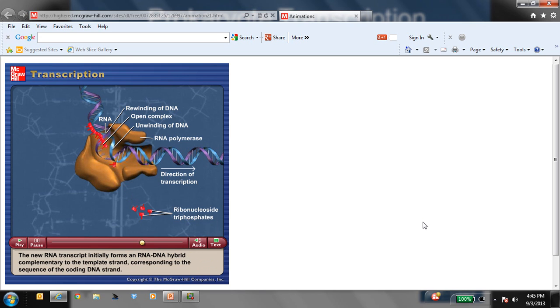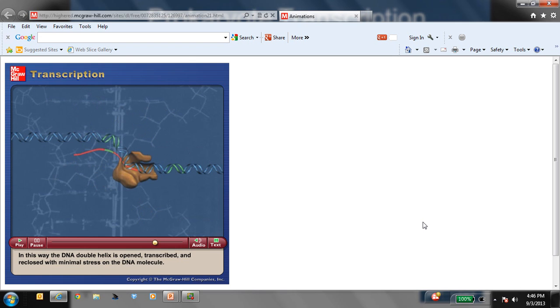The new RNA transcript initially forms an RNA-DNA hybrid complementary to the template strand, corresponding to the sequence of the coding DNA strand. In this way, the DNA double helix is opened, transcribed, and reclosed with minimal stress on the DNA molecule.